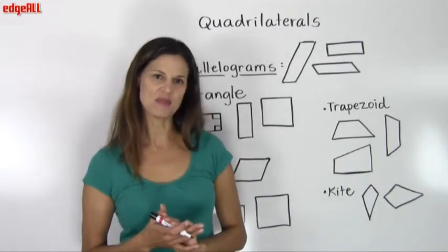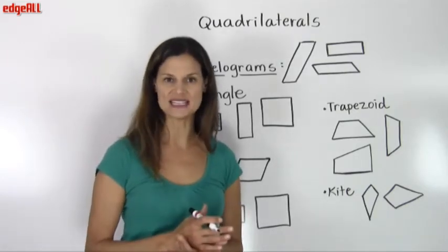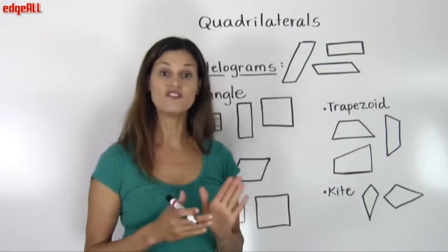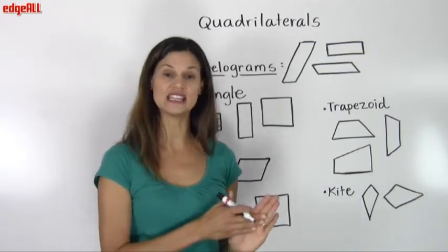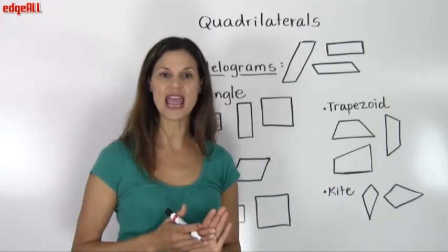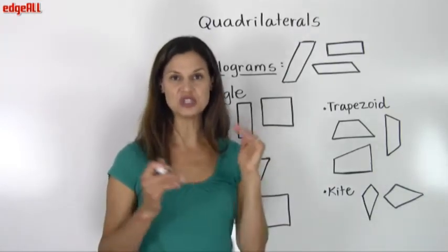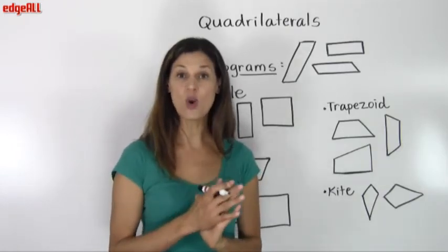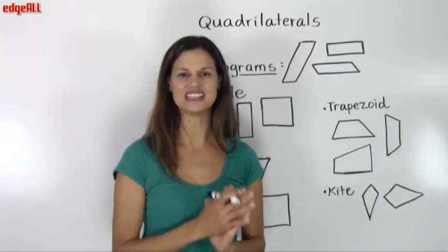Our next shape that we're going to look at is a rhombus. And a rhombus is a parallelogram with 4 sides of equal length. So in a rhombus, we don't need to have 90-degree angles, but we do need to have 2 sets of parallel sides and 4 sides of equal length.